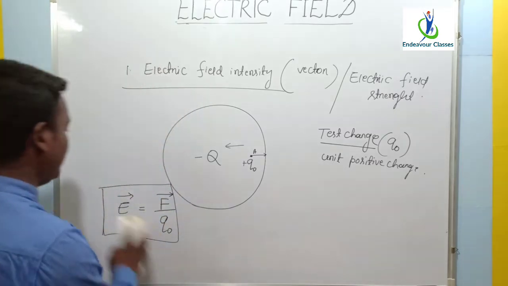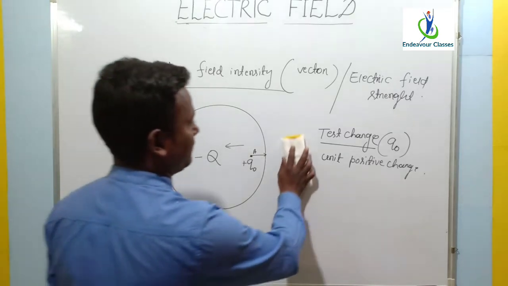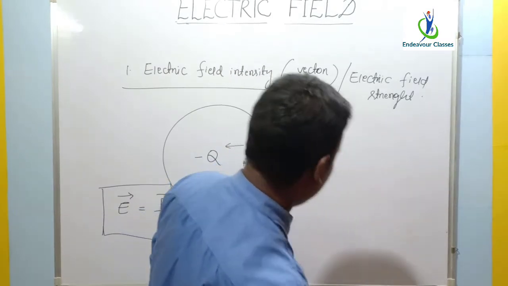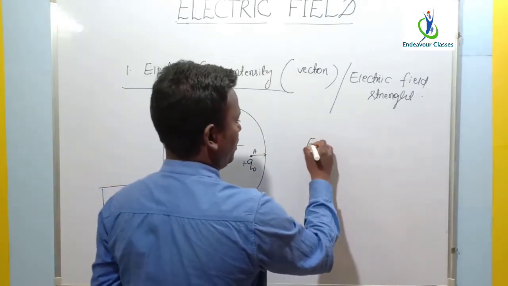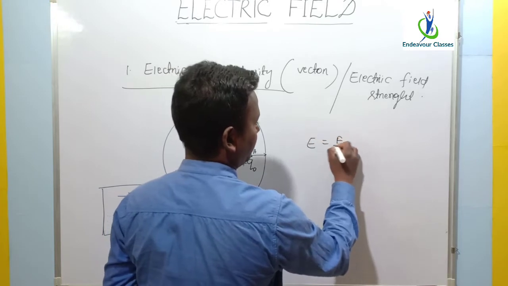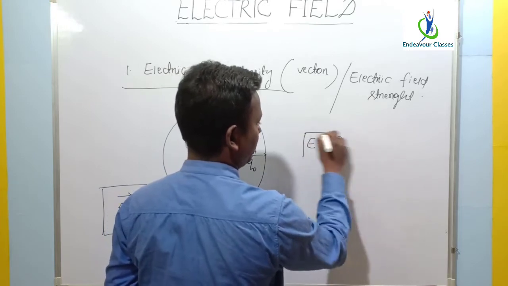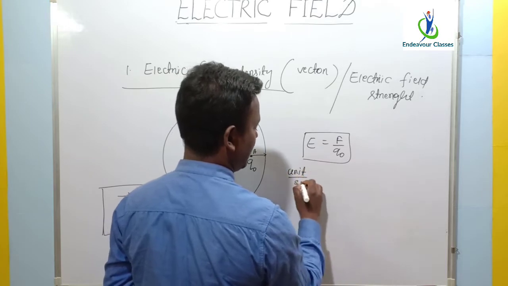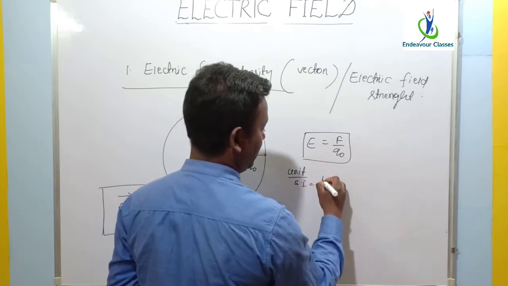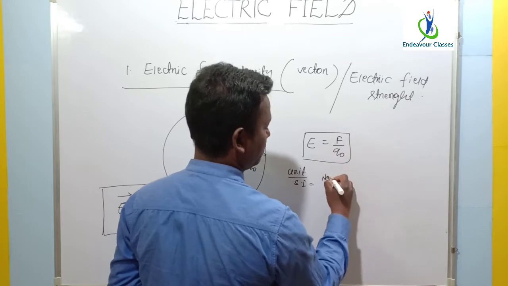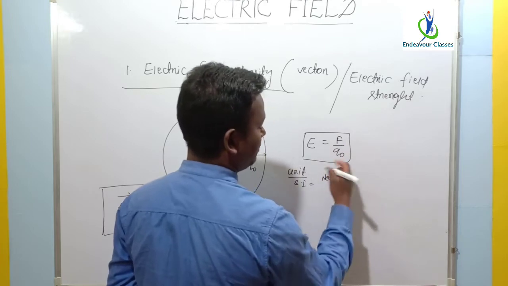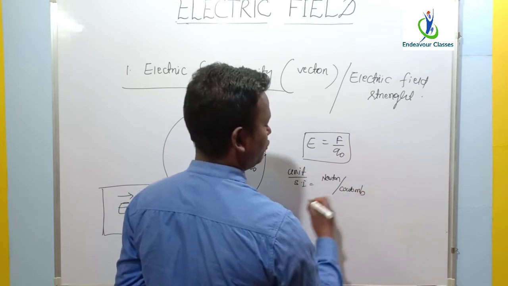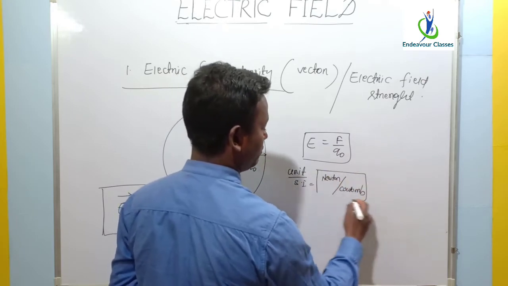Now coming to the unit and dimension of electric field intensity. You will see that E is equal to F by Q or F by Q naught. So its unit in the SI system will be force in Newton divided by charge in Coulomb. So one unit will be Newton per Coulomb.